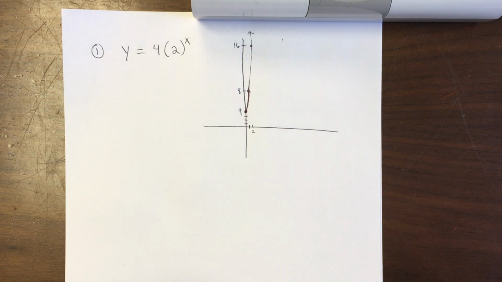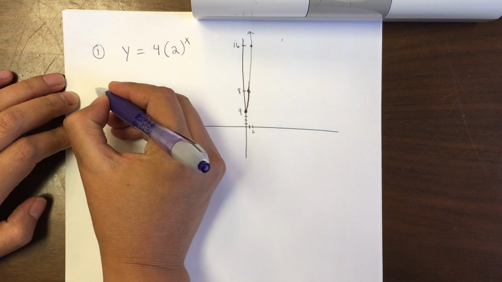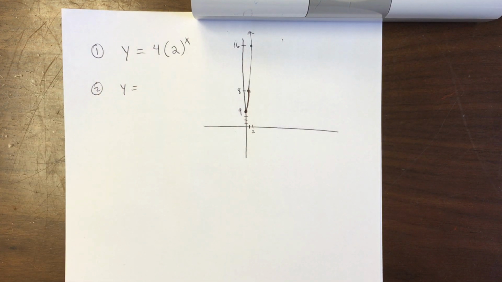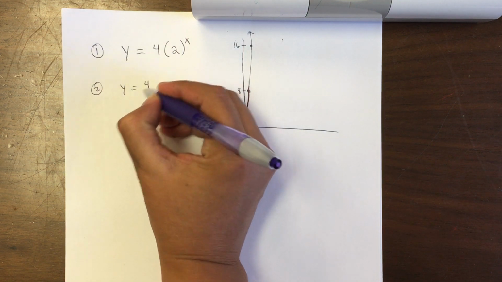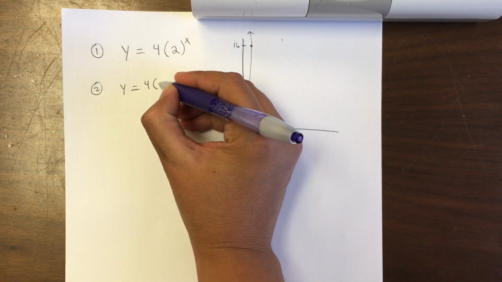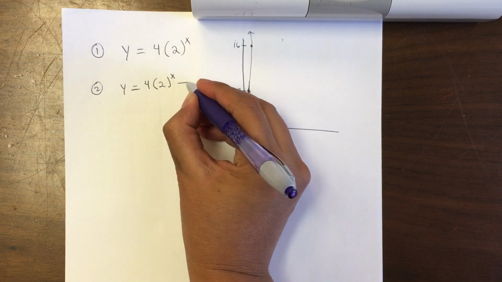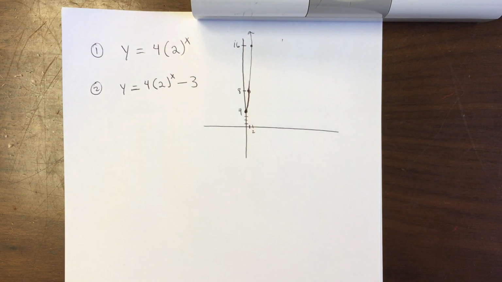Now what if I have, and I'm going to use the same graph, 4 times 2 to the x, but I'm going to subtract 3 in this case.